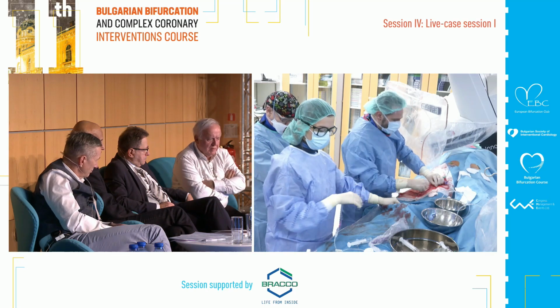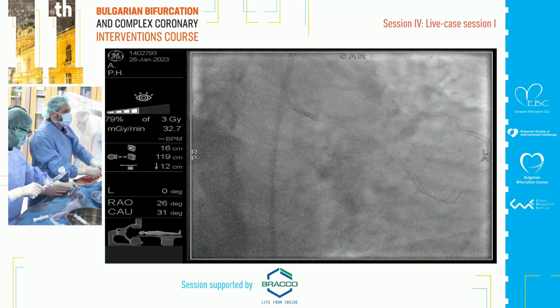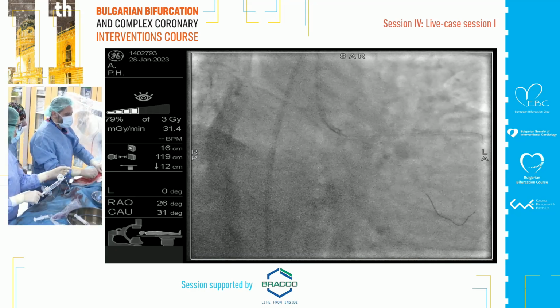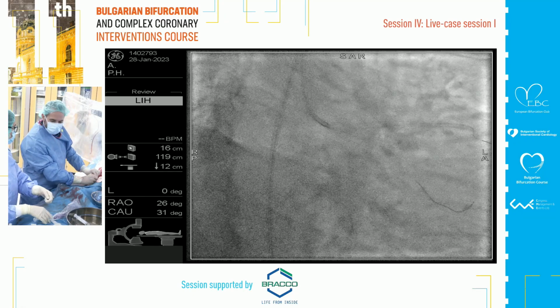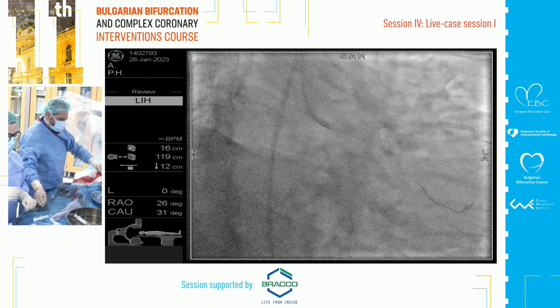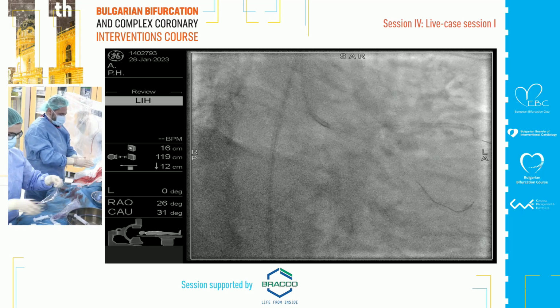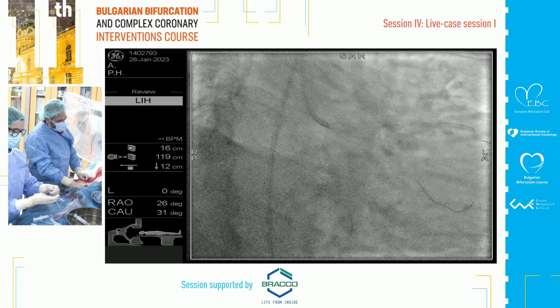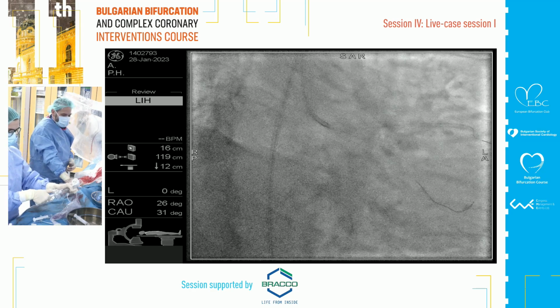From a physiological point of view, when we approached this kind of problem with computational flow dynamics, we saw that when crossing over, doing a kissing does not improve the wall shear stress forces to the carina compared to pot only or pot side pot.